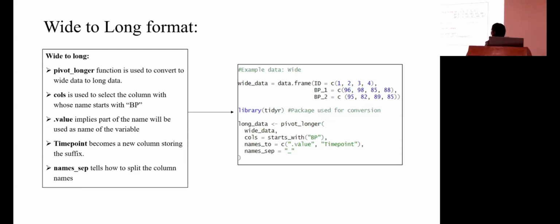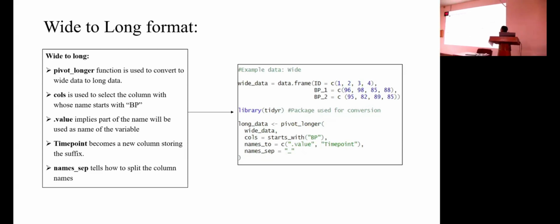Here we have ID, BP1, BP2, in a data frame format. This data is called wide data; that is the name we are giving. This is the package tidyr, whatever way you want to pronounce it, you just call tidyr.